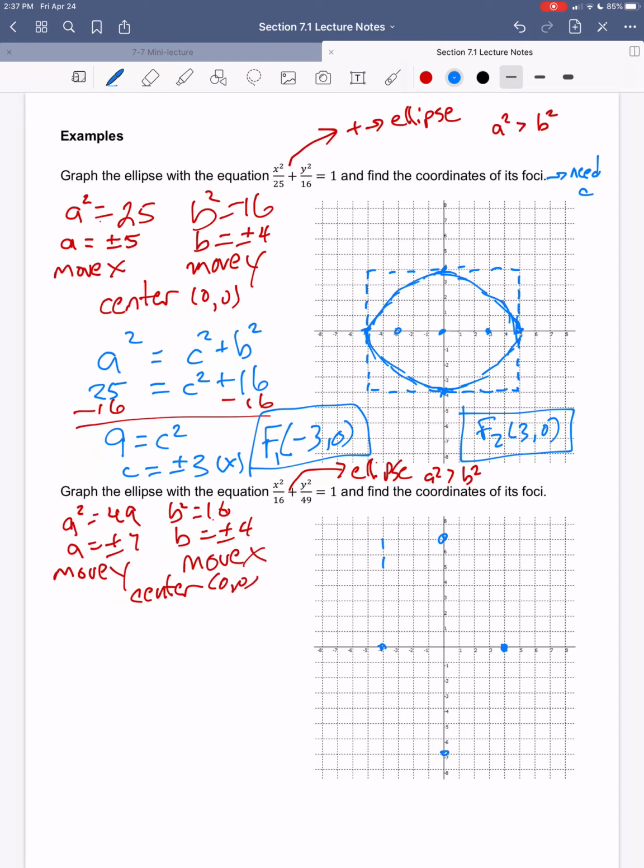I can make a box. That's sort of optional, but it helps me graph it more accurately. And it's going to be essential when we do hyperbolas eventually that I make this box. So you might as well get in the habit of it. So my ellipse is going to look like this.